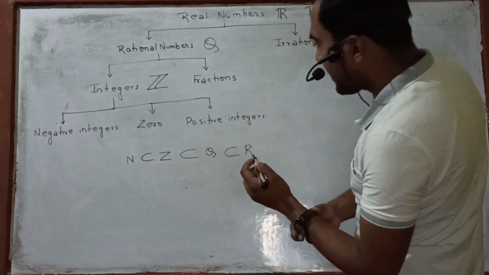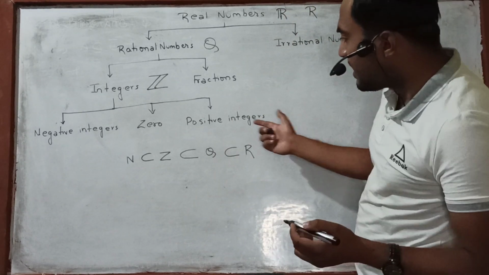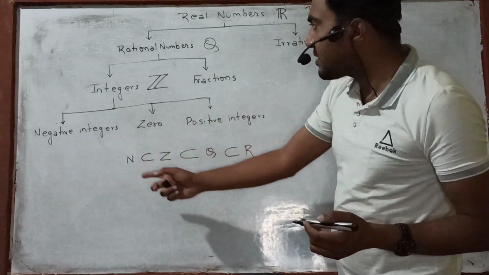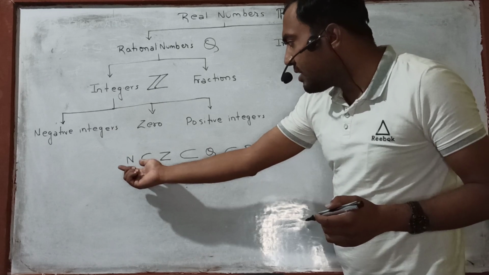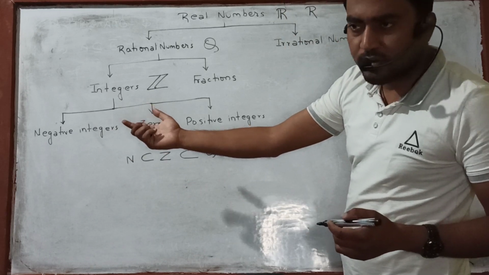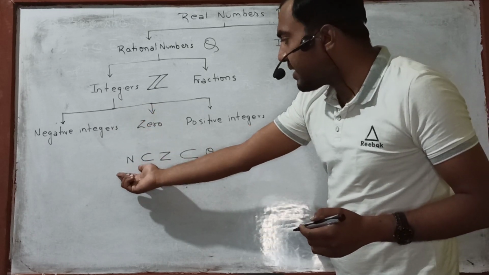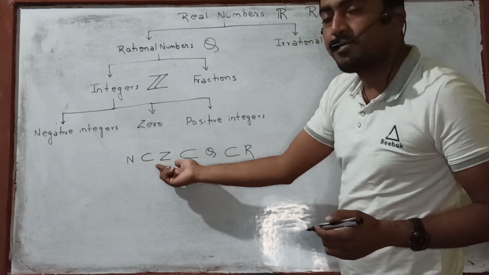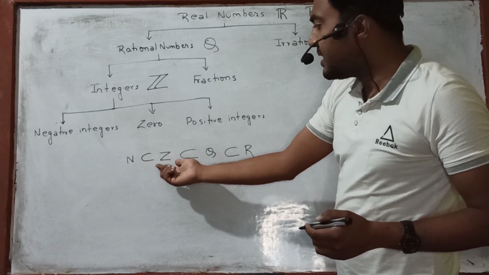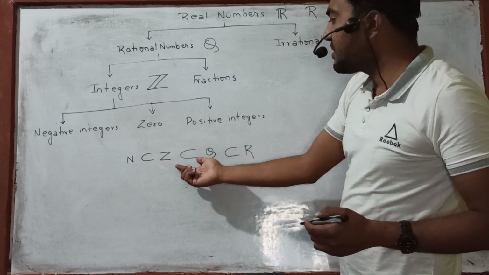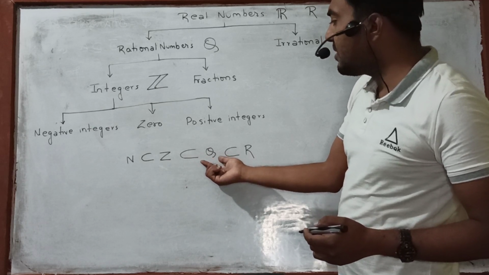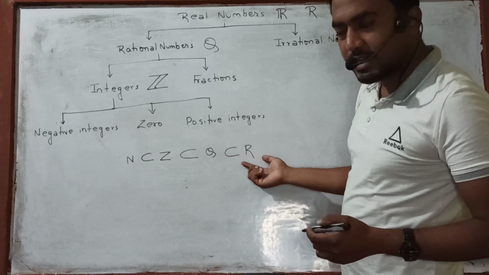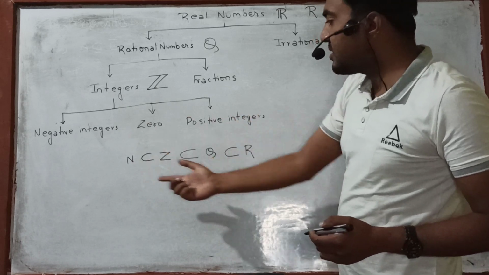Now here I have given one relation among all the types of numbers. Here N means the set of natural numbers. The set of natural numbers is a subset of the set of integers. The set of integers is a subset of rational numbers, and the set of rational numbers is a subset of the set of real numbers. So please go through this.